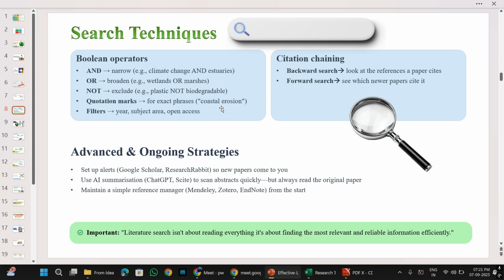So I want to study, let's say, only estuarine coast. So these are the two important keywords that I have. I will put both of them in quotation marks. So I will be able to find only those papers which have mentioned coastal erosion and estuary, or maybe tropical, if I want to study only the tropical estuaries.